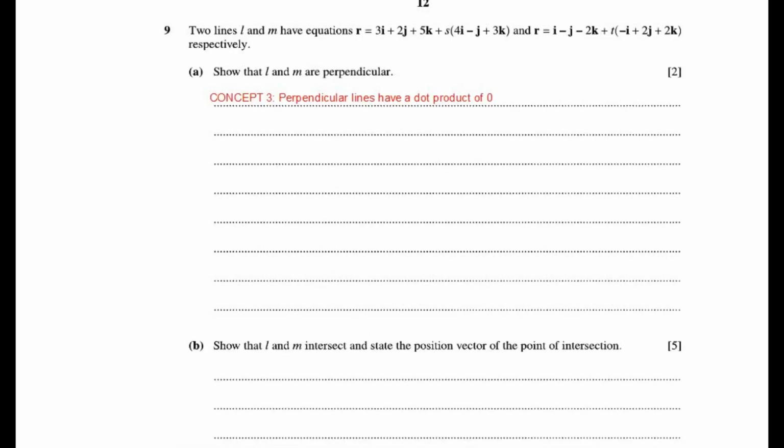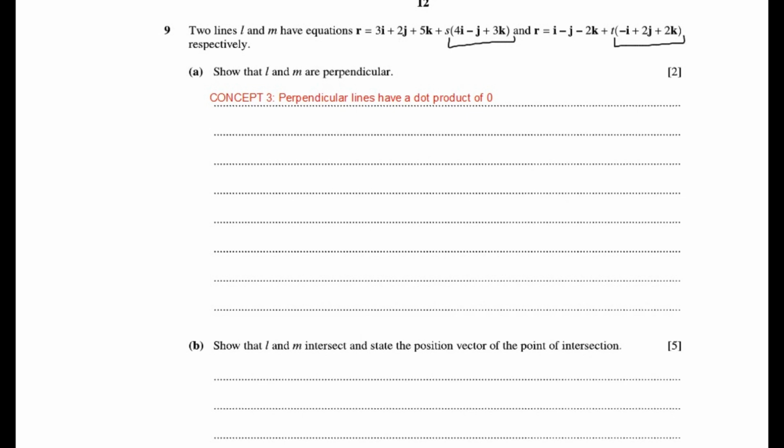Next, they like to test whether you know that perpendicular lines have a dot product of 0. So here's a question. It says there are two lines L and M, and they've given us the vector equations of both the lines. Show that L and M are perpendicular. So to do this, once again, for perpendicular, parallel, angles, all of those, we use the direction portion of the equation.